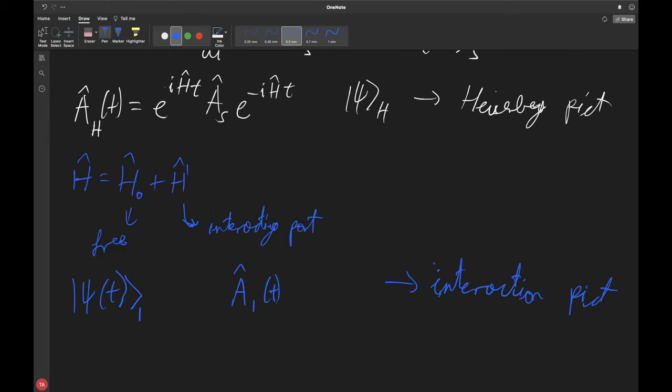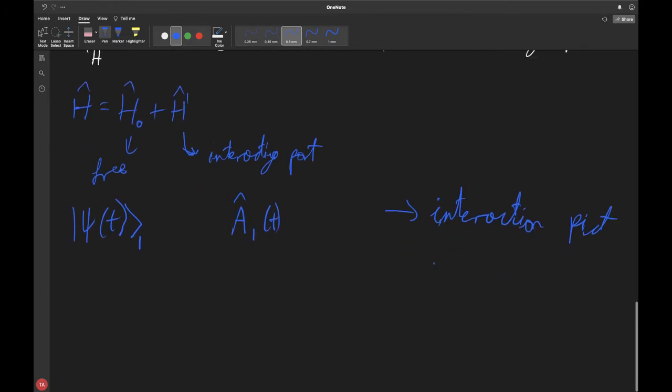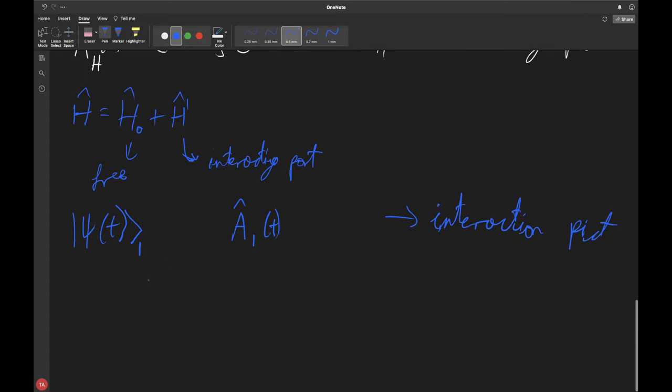So now the equations to describe how this changes in time are going to be that the psi at time t in the interaction picture is something which we get by using the exponential e to the i H0 t acting on the psi at time t in the Schrödinger picture.